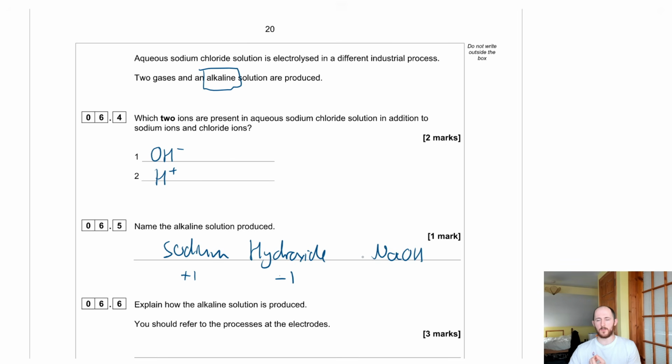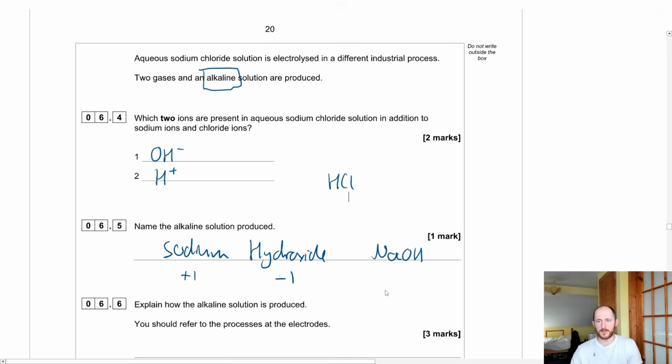Hydroxide is -1. So those will combine together. You won't get, for example, chlorine and OH minus because those are 2 negative ones. You could get hydrogen chloride, HCl, but that is hydrochloric acid. So it's the acidic product. But in this case, we're looking for the alkaline one, so that's NaOH.